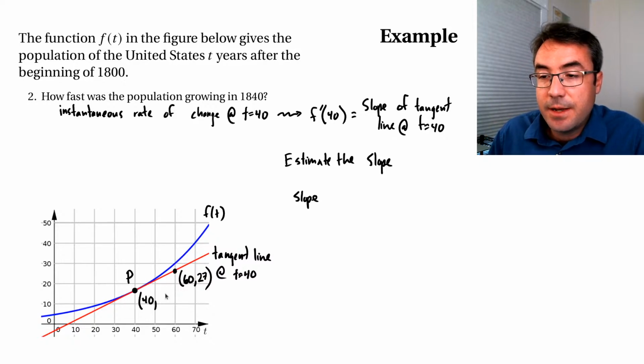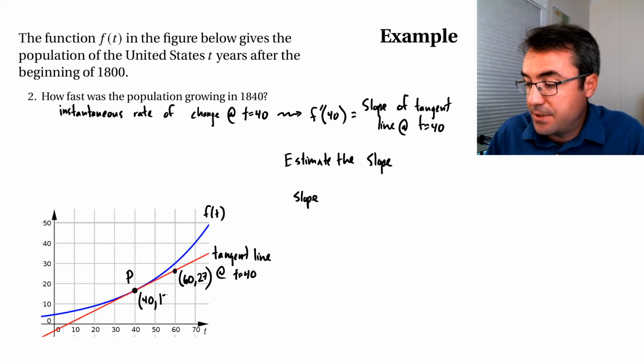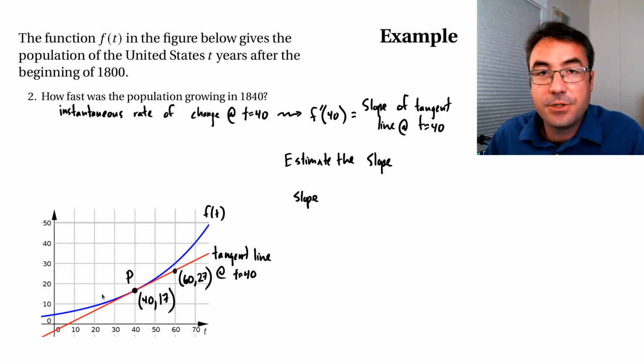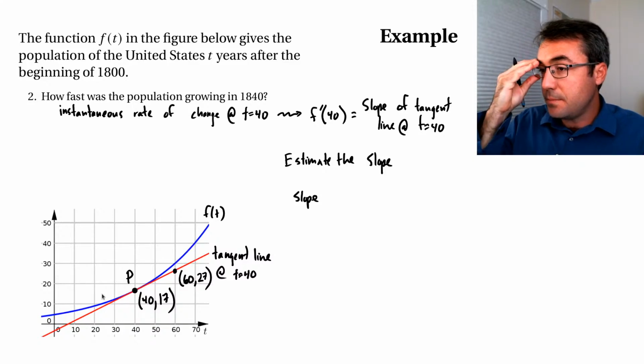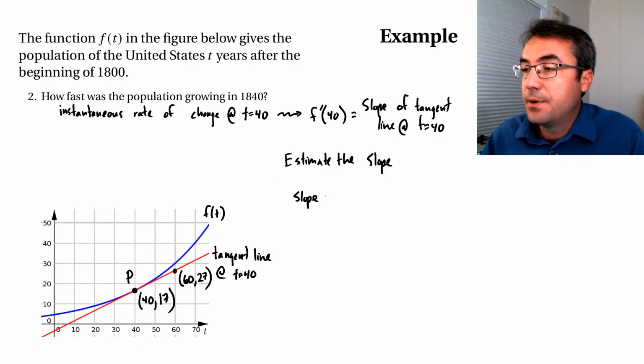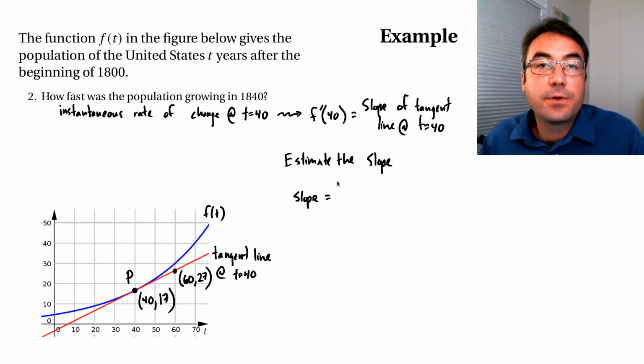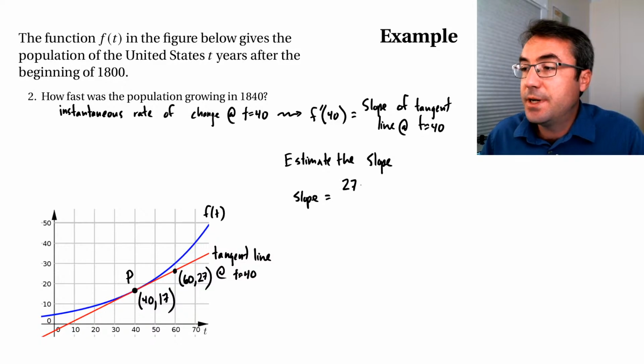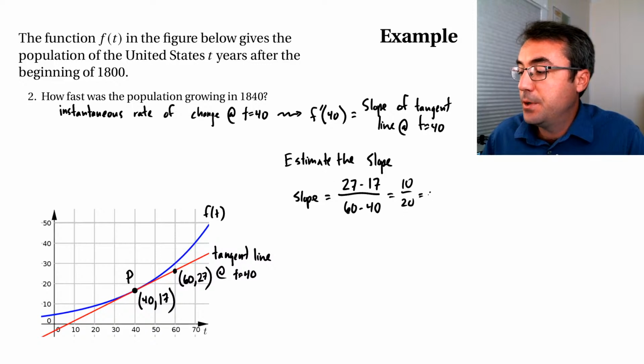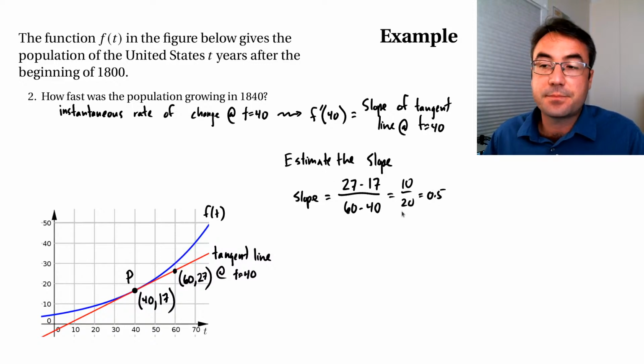That was at 40, and that was about 17. Again, just estimates here. So the slope is change in y over change in x. So 27 minus 17 over 60 minus 40, which ends up being 10 over 20, which is 0.5.